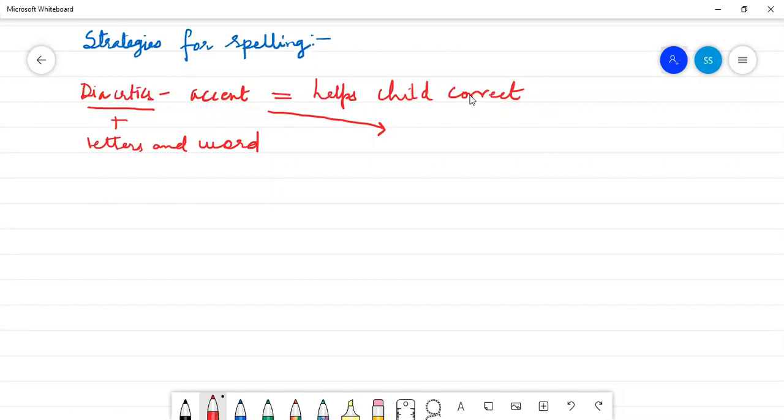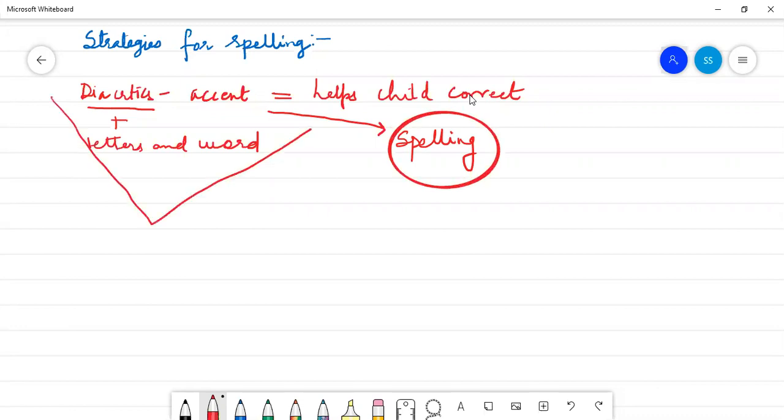So diacritics and letters and words give you a spelling. So to teach this particular spelling, we need to focus on this: diacritic means accent, letters, and sound. So it's very important.